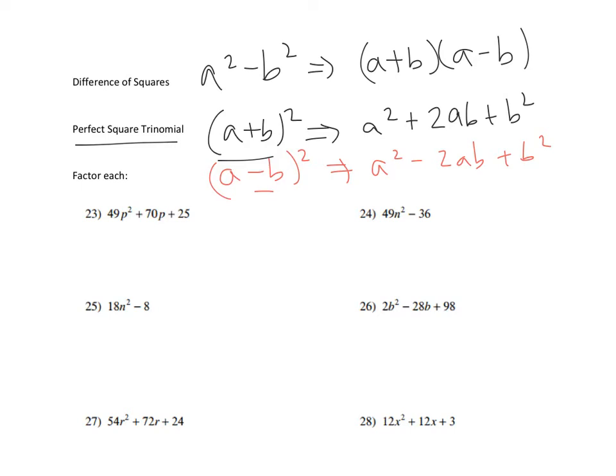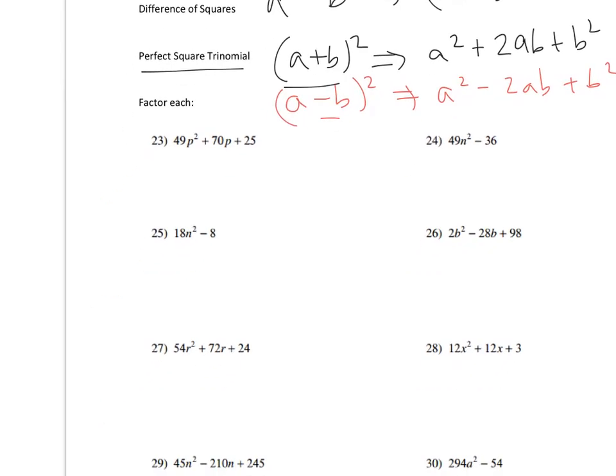So on this first problem, I am noticing that there's not a greatest common factor. I can't divide all 3 by something, and it's not difference of squares. It has 3 terms, so I'm going to see if it's a perfect square trinomial. In other words, can you take the square root of 49p squared? Yes, 7p, and this is going to be 5.